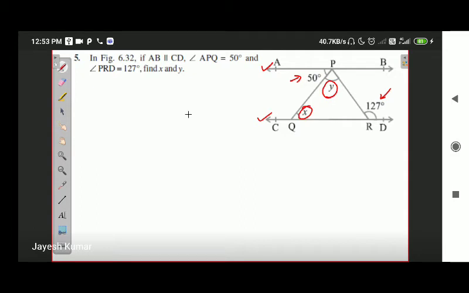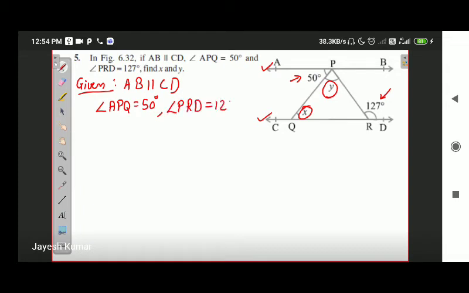Okay. So first of all, write down the given. What is given to us? First of all, AB is parallel to CD. Then angle APQ is equal to 50 degrees and angle PRD is equal to 127 degrees.